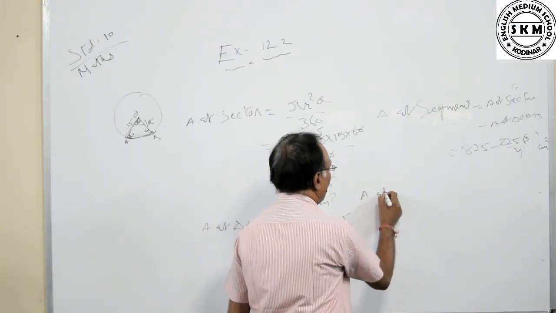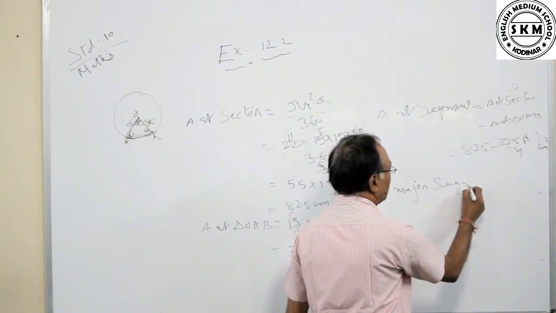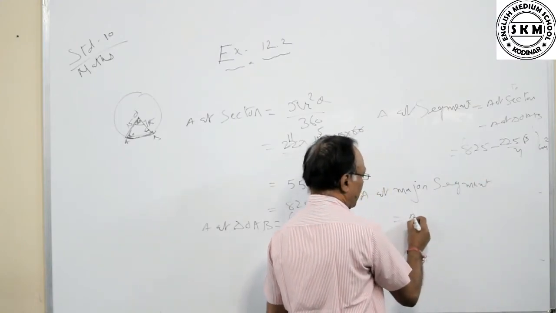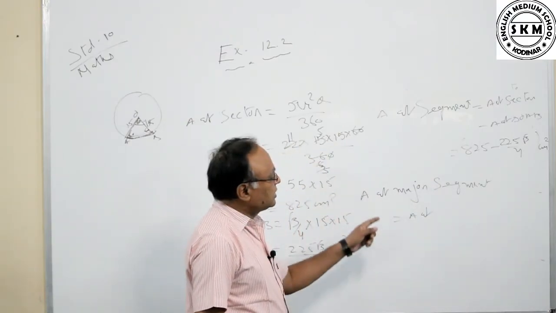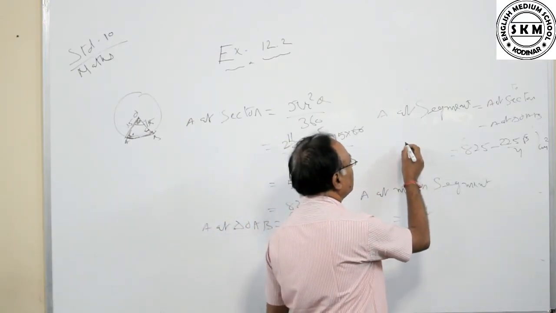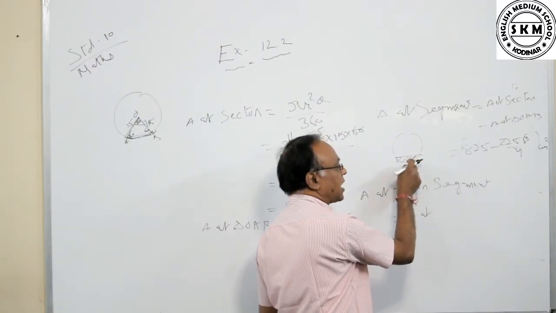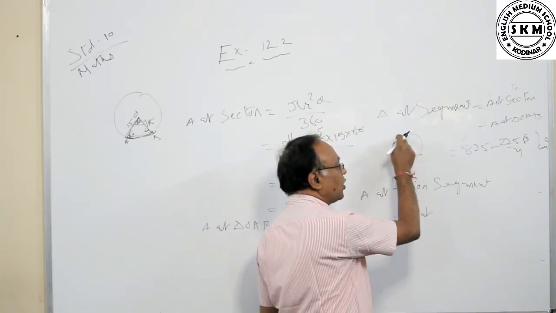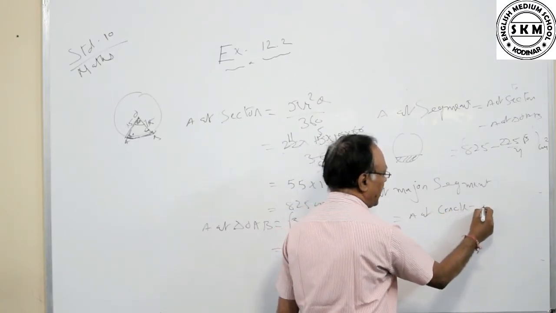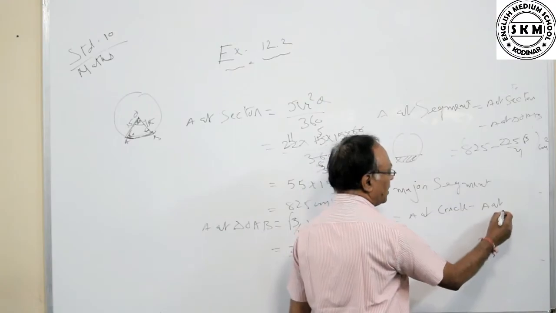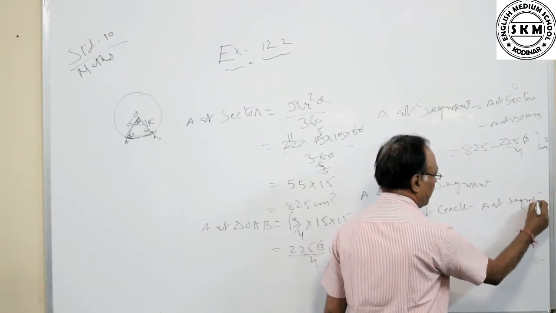Area of the major segment is equal to area of the circle minus area of the minor segment.